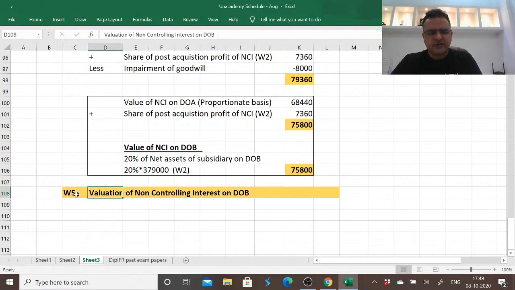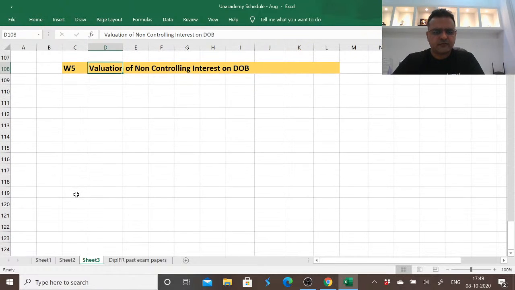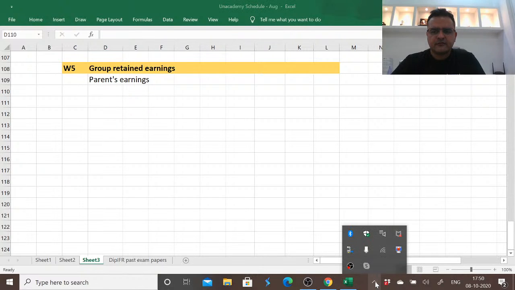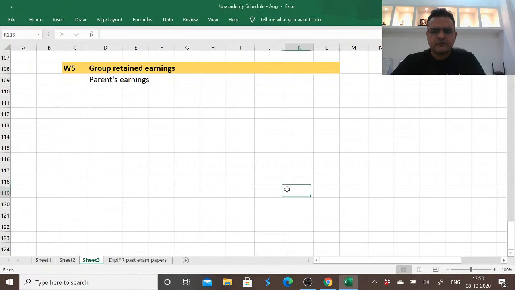Working note number 5 is group retained earnings. Group retained earnings means parents' earnings plus share of post acquisition earnings, which we get from working note number 2.